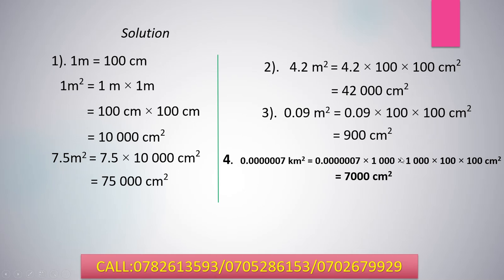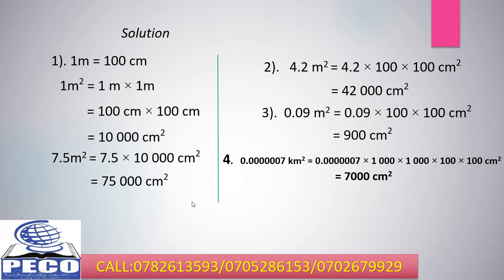At the end of it all, we multiply this figure by all these, and we get 7,000 centimeters squared. So you first convert kilometers squared to meters squared, then from meters squared to centimeters squared. Okay, so that is simple conversion, but you will do more exercises on that.